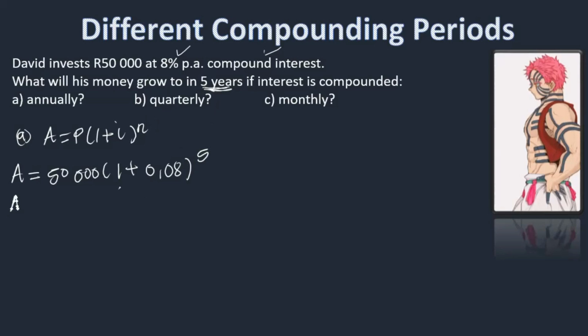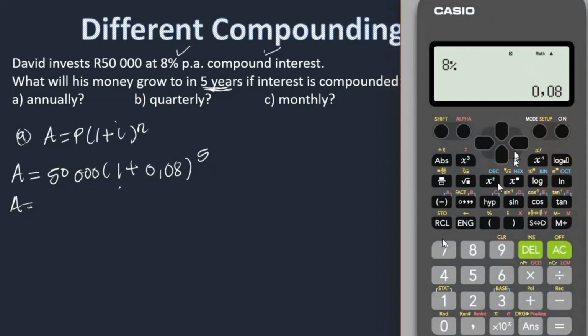That makes my A equal to, you pull out your calculator. You don't solve things step by step. You just put this entire thing as you see it on a calculator, right? So here we go. I'm going to say 50,000, open bracket, 1 plus 0.08, close that, raised to 5, equal sign.